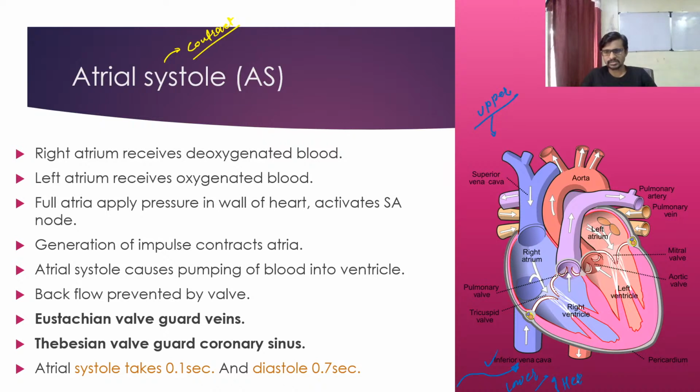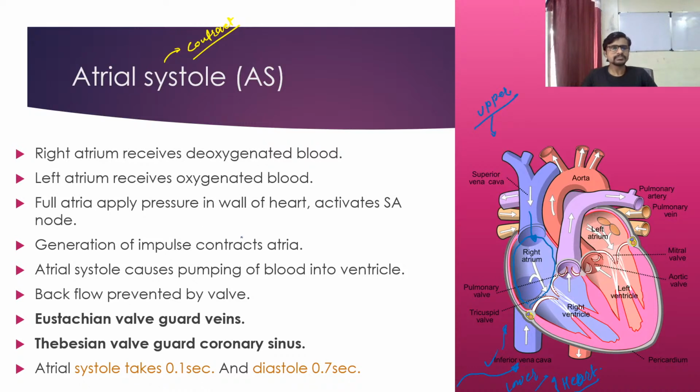We are considering the heart at the middle of the superior and inferior vena cava. The inferior vena cava drains into the right atrium from behind. So when the deoxygenated blood comes, it will fill the right atrium completely.